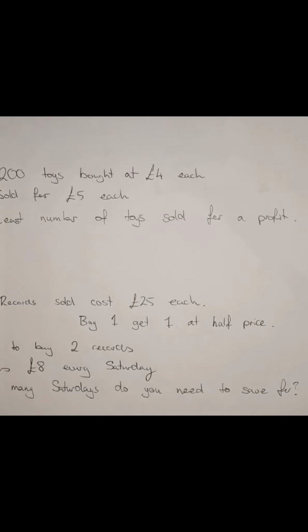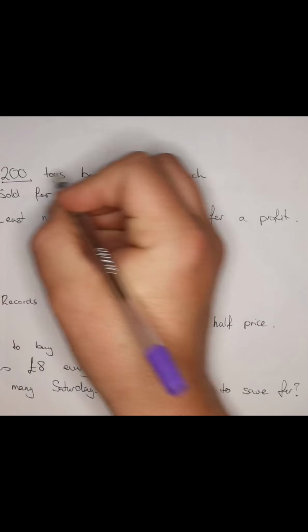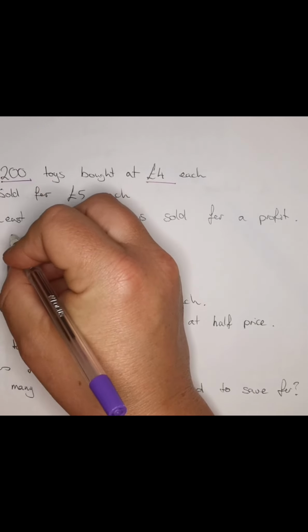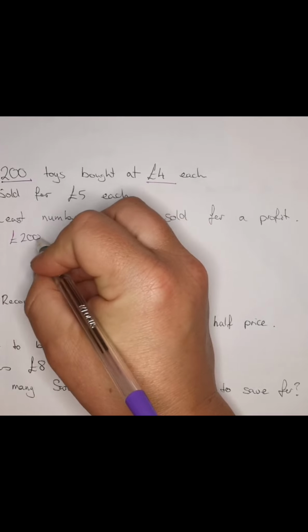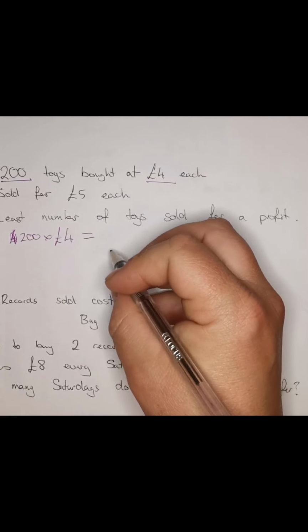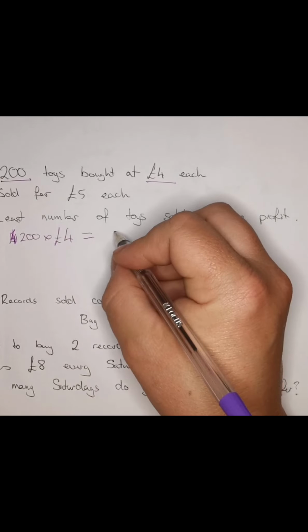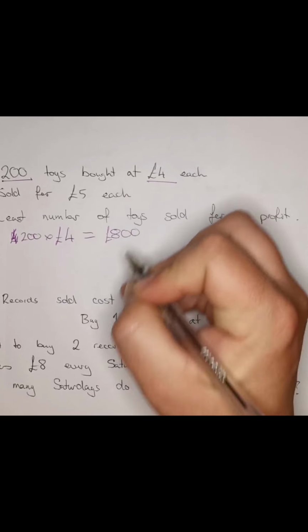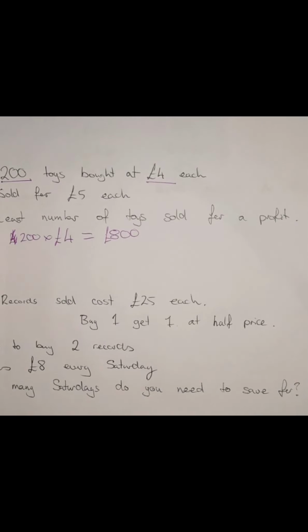200 toys bought at £4 each, sold for £5 each. What's the least number of toys that need to be sold to make a profit? So if I'm buying 200 toys at £4 each, that is 200 times £4. So 4 times 2 is 8, so I think that is £800 worth of toys.